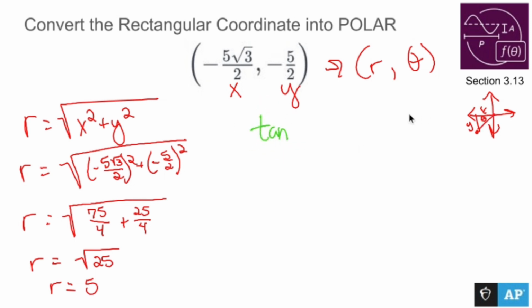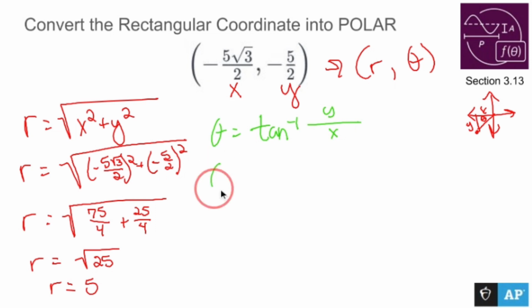Tangent would do that. So tangent of my angle would equal y over x, opposite over adjacent, which means the inverse tangent of y over x is going to give me my theta.